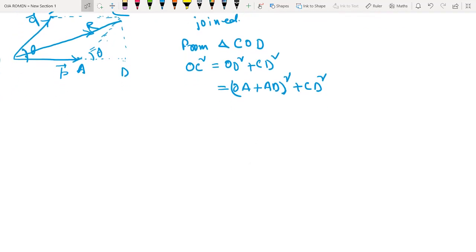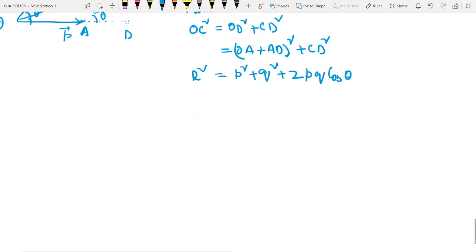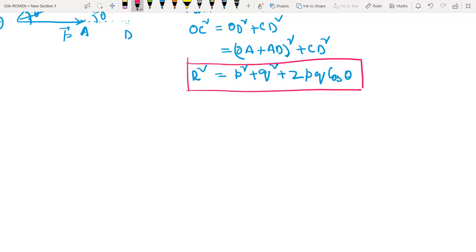Now OC square is R square equal to P square plus Q square plus twice PQ cos theta. So this is the resultant of the two vectors P and Q.